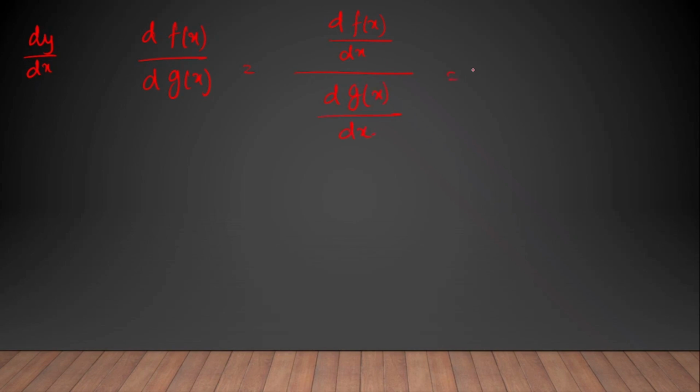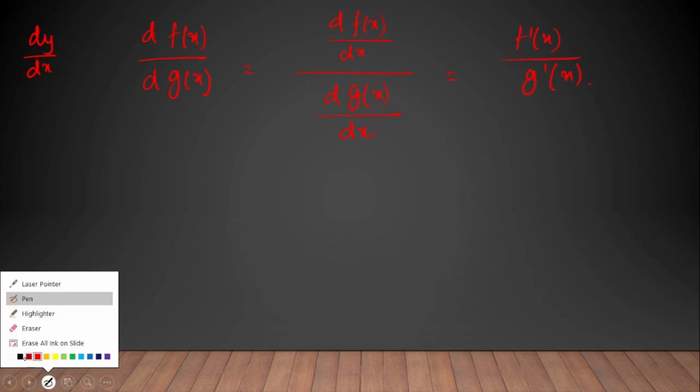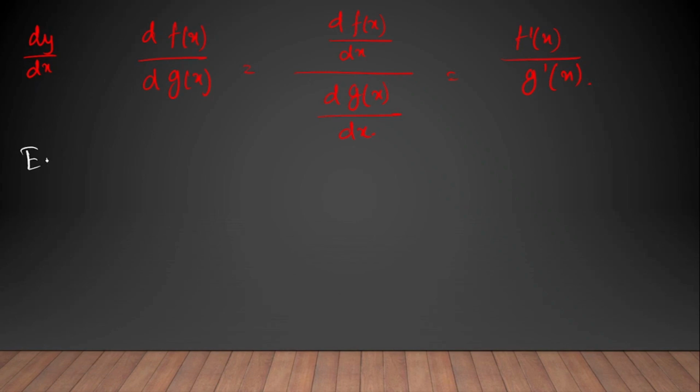So it will be f dashed x and also g dashed x. One short example is ln x with respect to sin x.